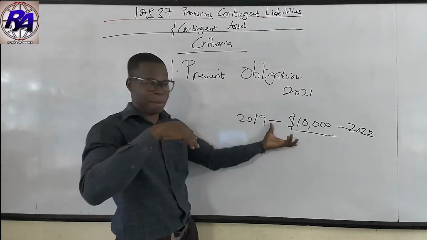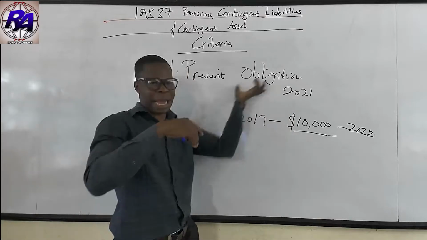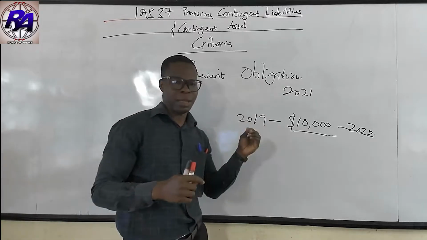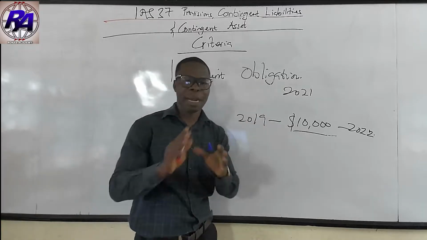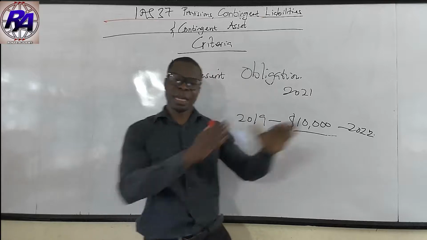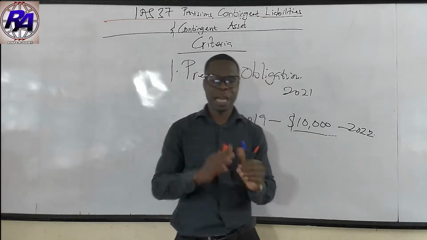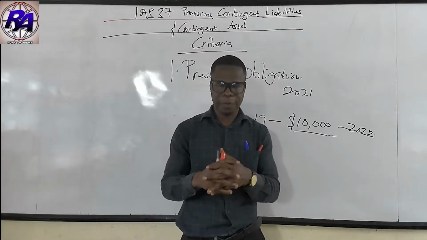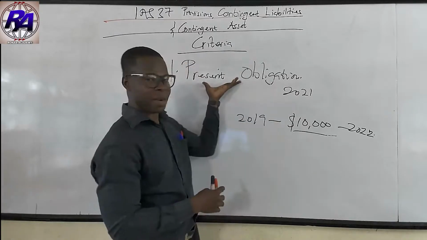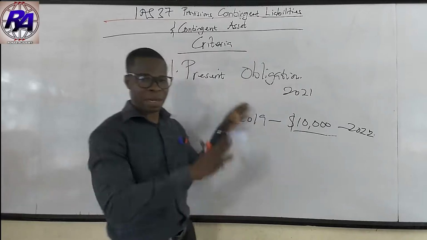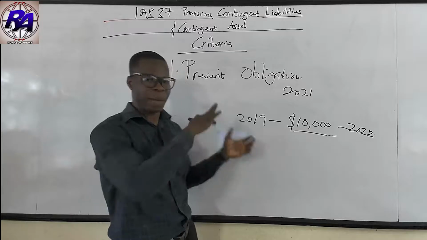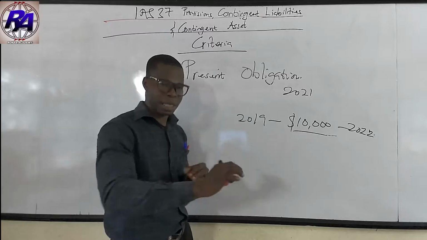Currently, we are owing them, but this is happening as a result of a transaction that we already incurred in 2019. So that is about obligation. And remember that obligation is either legal or constructive. You will look at what is legal and what is constructive. So this is the first criterion, and we are going deeper to know what is legal and what is constructive obligation before we come to the second criterion and then the third one.